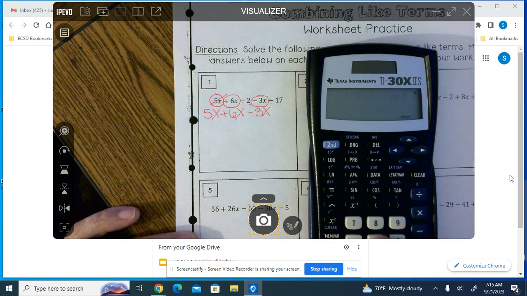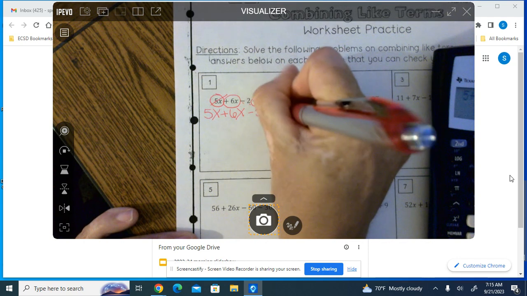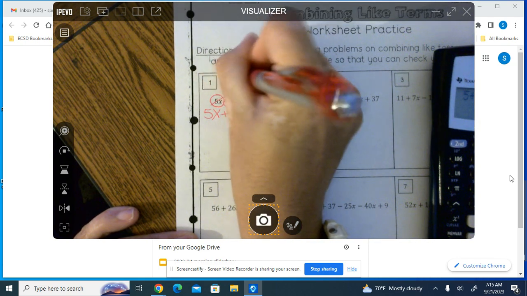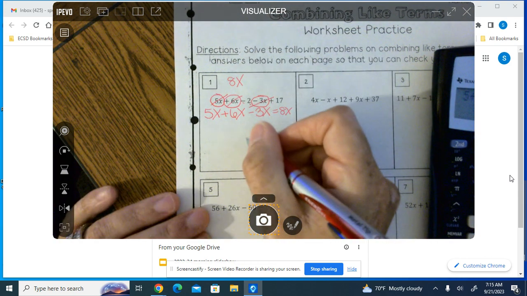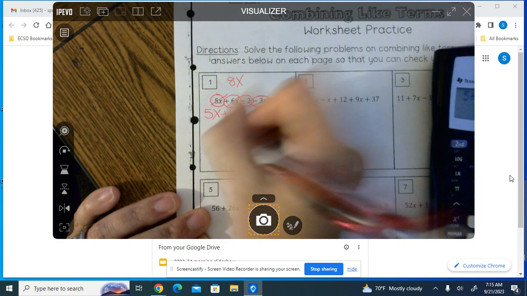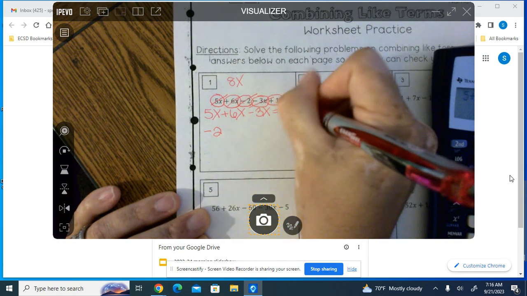Over here, 5 plus 6 minus 3 is an 8. So I have an 8x. I'm going to go to the top and write 8x down. I'm going to go back and see what else I can combine. I have a negative 2 and I have a positive 17.